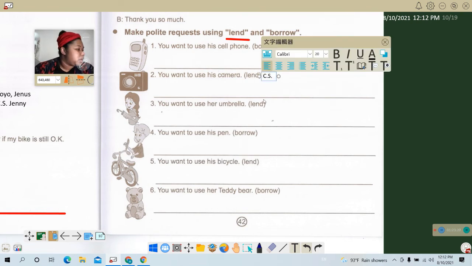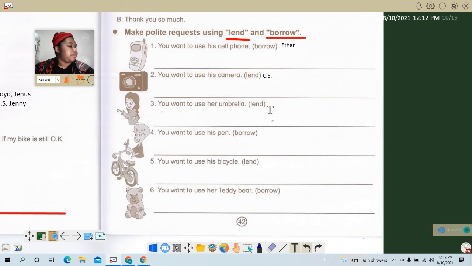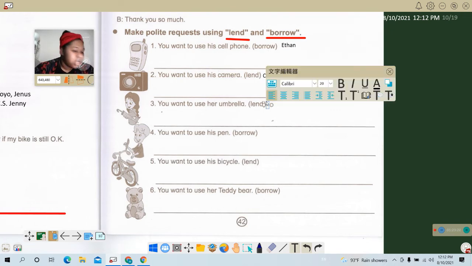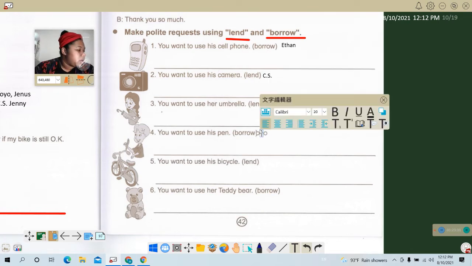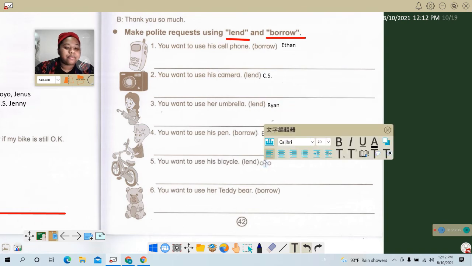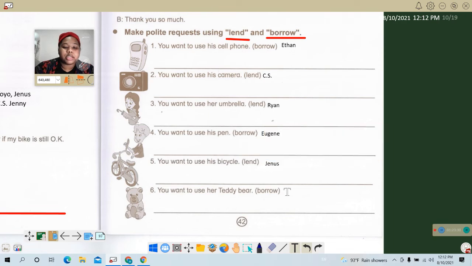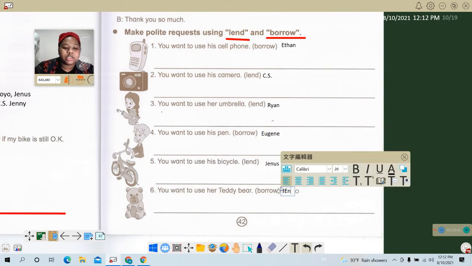CS. Number 3. Ryan. Number 4. Eugene. Number 5. Janus. Number 6. Jenny.